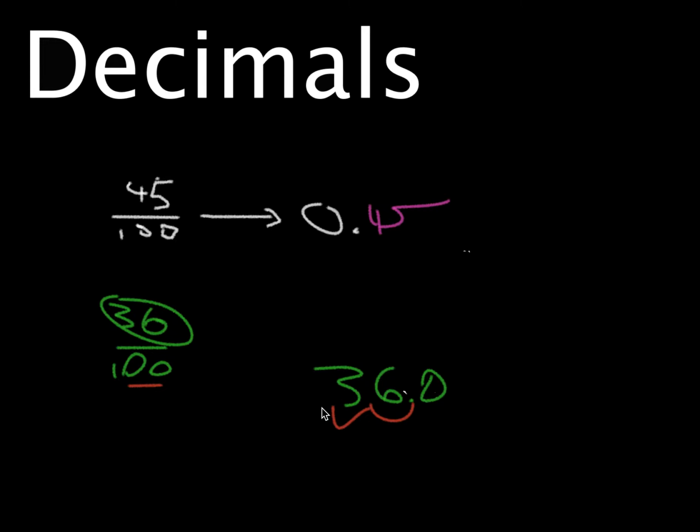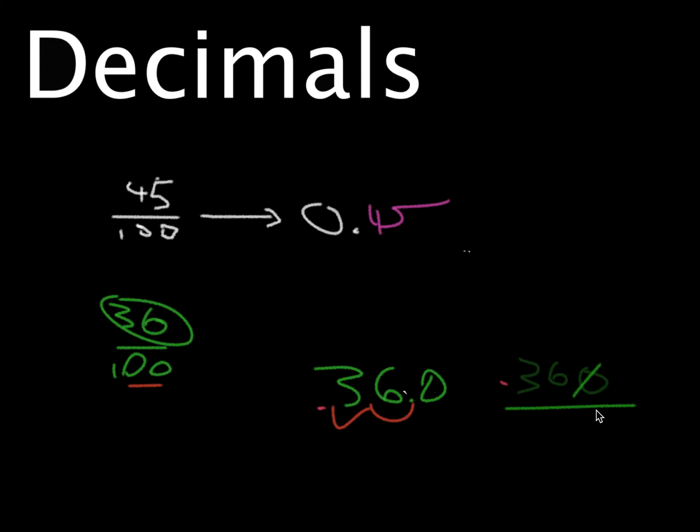Now our decimal dot is going to be here, so it will be 0.360, which is 0.36.